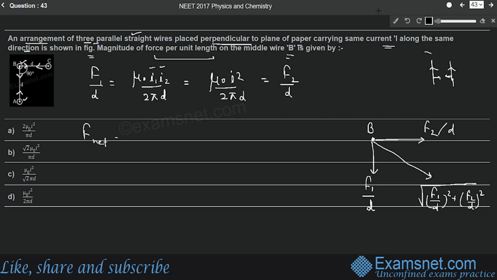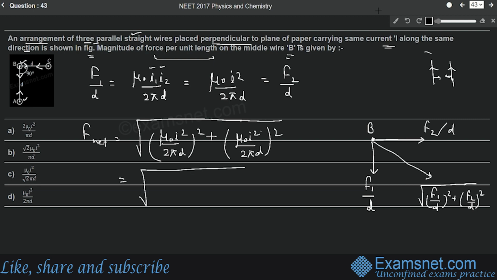Net force will be equal to under root of (μ0 I square by 2πd) square plus, again the same value, (μ0 I square by 2πd) square. Both are the same, so we can write it as 2 times (μ0 I square by 2πd) square. So 2 can be taken out, it will be root 2, and the root of this square will be μ0 I square by 2πd only.